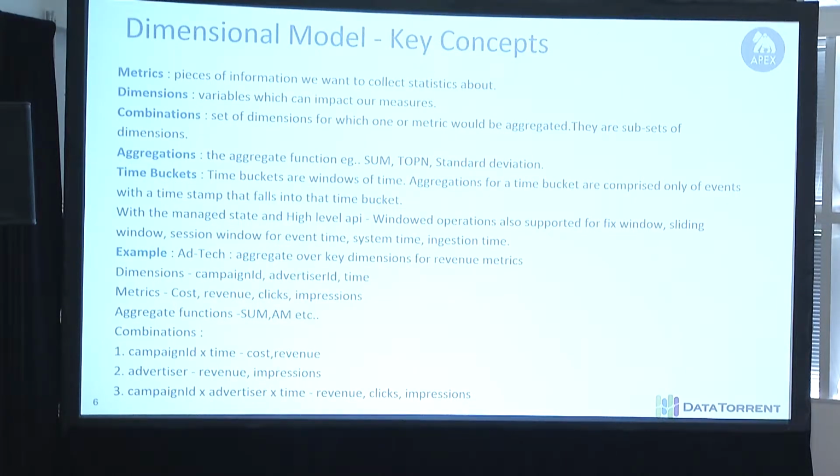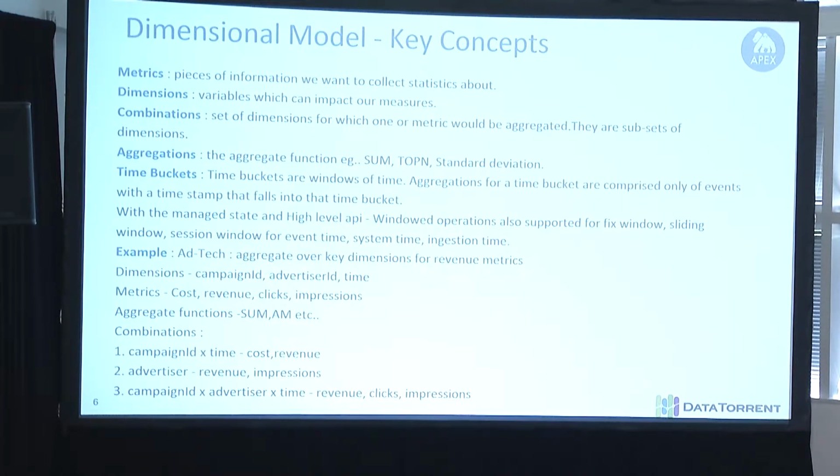For example, revenue is a metric. Metrics are measurable, quantifiable, so you can collect statistics around those things. Revenue or number of clicks in ad tech, or the amount of time a user spends on average on a page. Things like these, which are measurable and quantifiable, are categorized under the metric category.